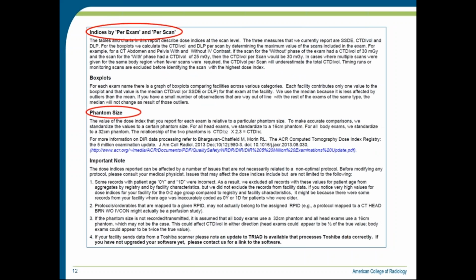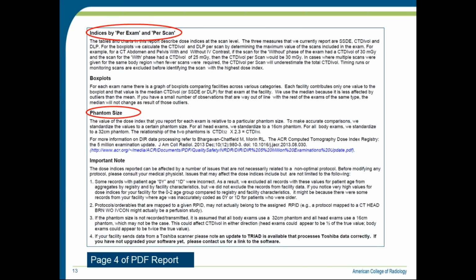And then this is page 4. It has information on what we mean by per exam and per scan, which is a very frequently asked question. Please read this. Essentially, it says that if you are doing CT abdomen pelvis with and without IV contrast, then you are essentially doing 2 scans here.